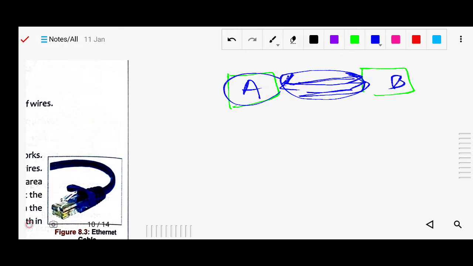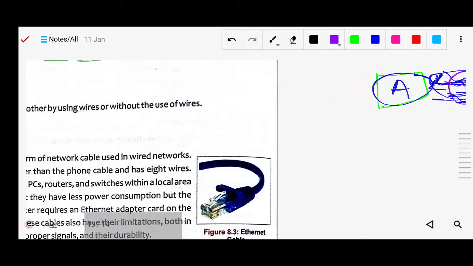By this media, two or three computers can be connected. On this network they are connected by wire or something. So we will see how they are connected, about these wires, and if there is a wireless medium, how it works and what they are. About them we will see here.